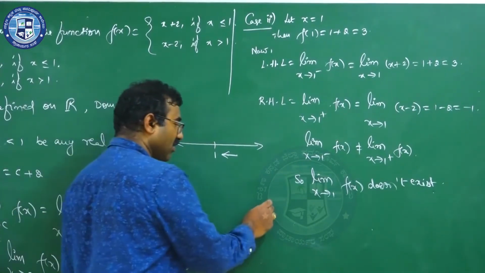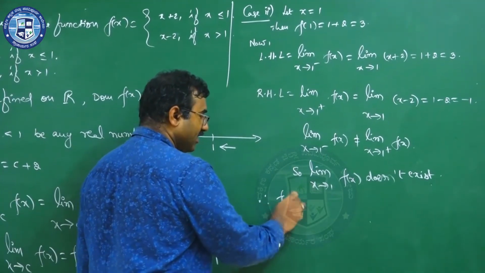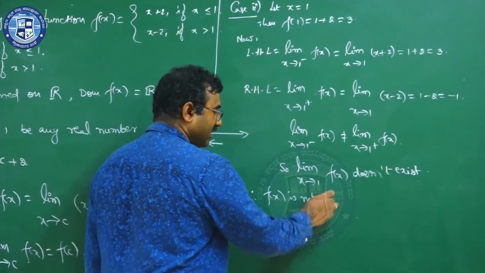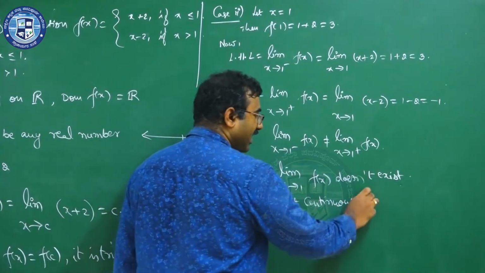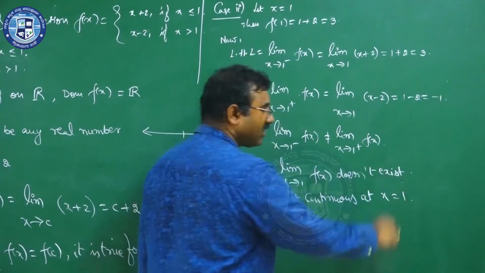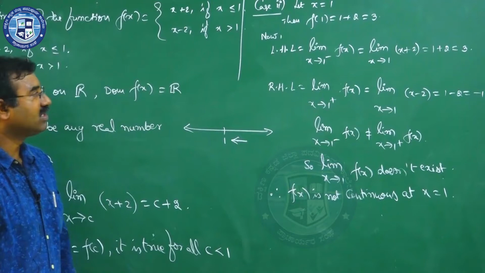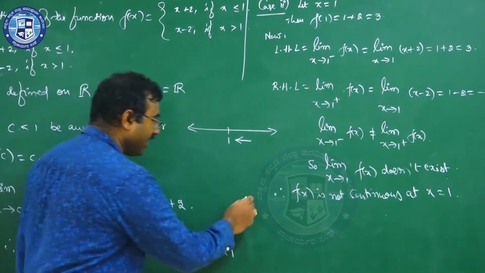So what we can conclude, therefore f(x) is not continuous at x is equal to 1, right? So case 2 we have finished, and then case 3.